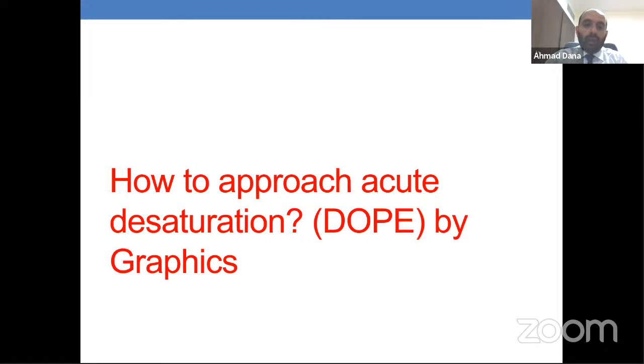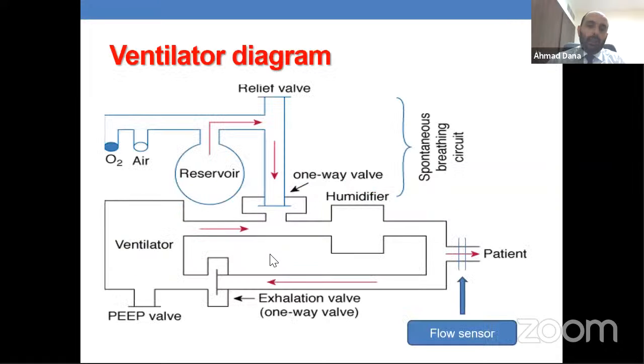In case of acute desaturation, we check the DOPE: if there is a tube displacement, if there is obstruction due to a mucus plug or too many secretions, if there is a pneumothorax, or if there is equipment failure. But how do we pick it up by the graphics? So let's take a journey.